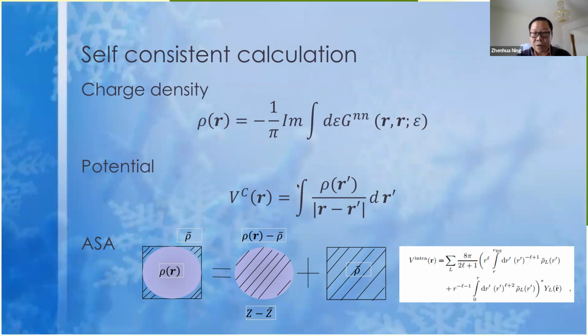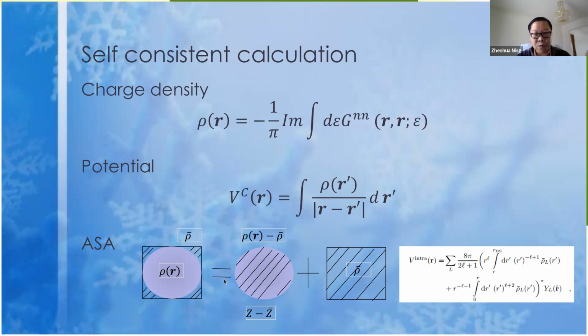The way to solve the Coulomb potential highly depends on how we model the crystal. Say if we model the crystal by non-overlapping atomic spheres, the charge density inside the sphere is spherical, and the interstitial charge density is constant. So we can add some constant into the sphere and then remove it.